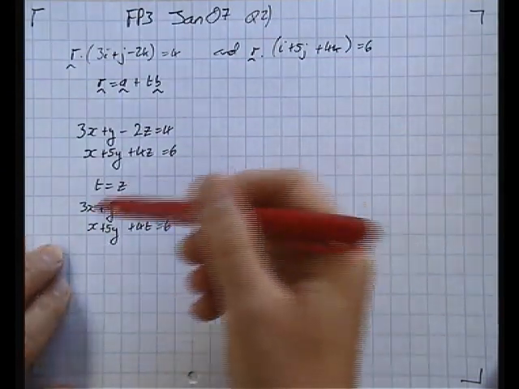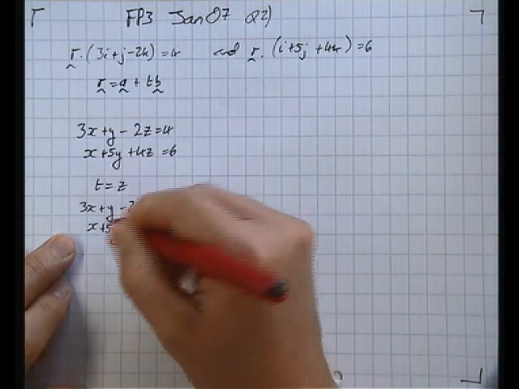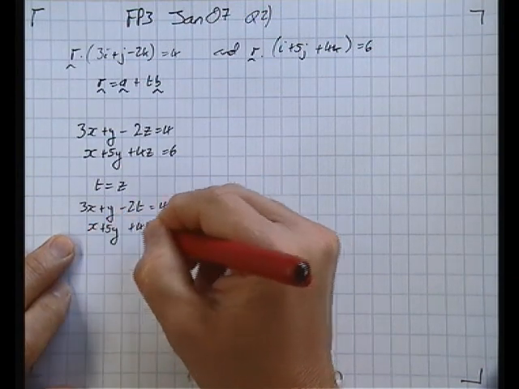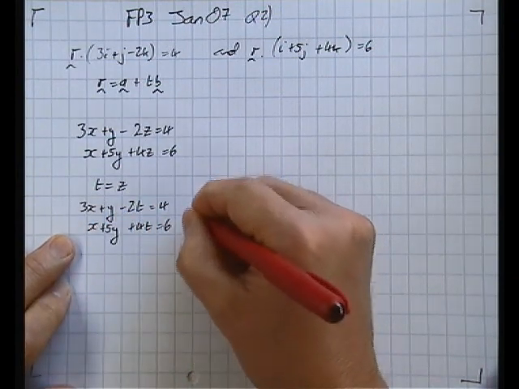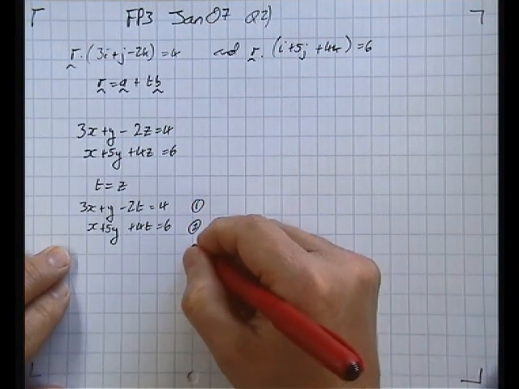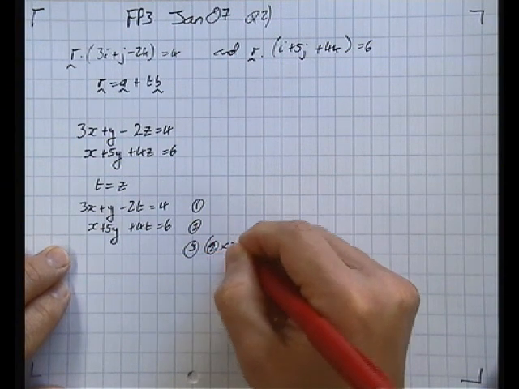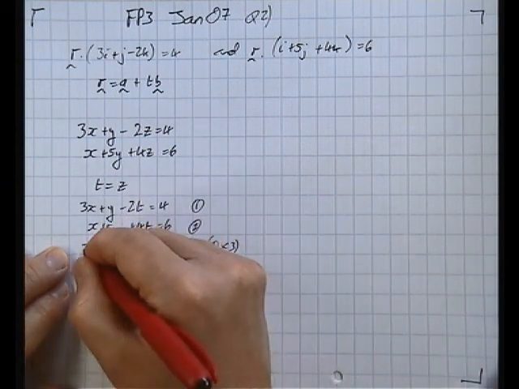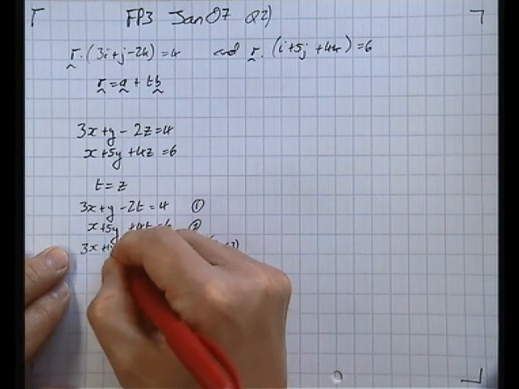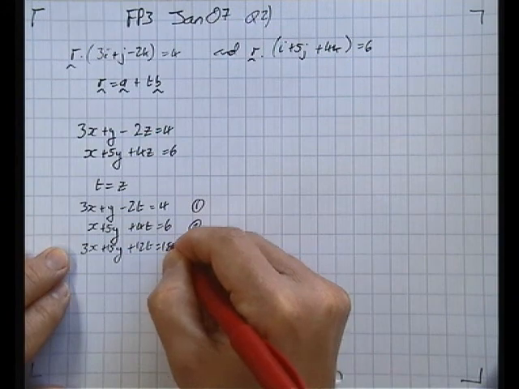Now, we're going to solve these simultaneously, and the first thing to do is to multiply this second equation by 3. So let's label up these equations properly, and now rewrite another equation, equation 3, which is equation 2 times 3. That becomes 3x + 15y + 12t = 18.